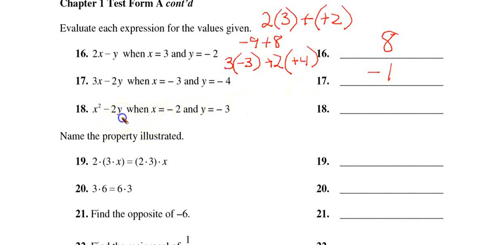Now here we're going to square a negative 2. Now notice I put the negative 2 in parentheses because that's what x is. And now our base is a negative 2. Minus 2 times a negative 3.